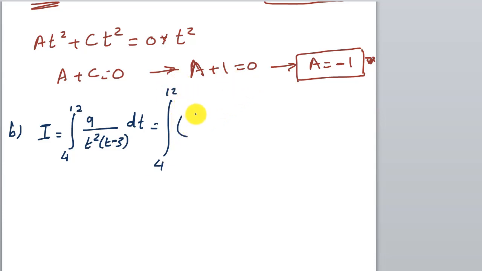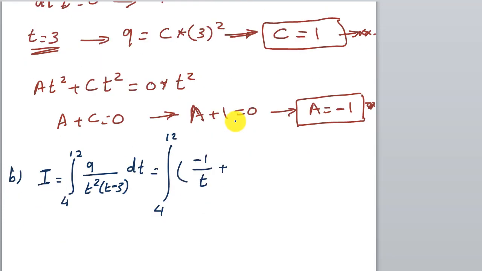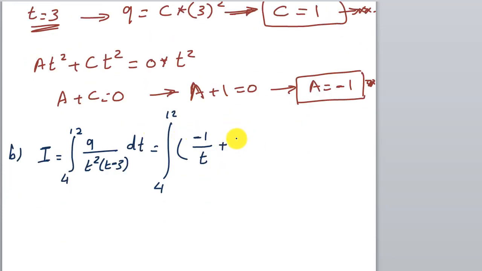Now a is equal to minus 1, so minus 1 divided by t, plus b is equal to minus 3, so minus 3 divided by t squared, plus c is 1, so 1 divided by (t - 3), and all of that dt.